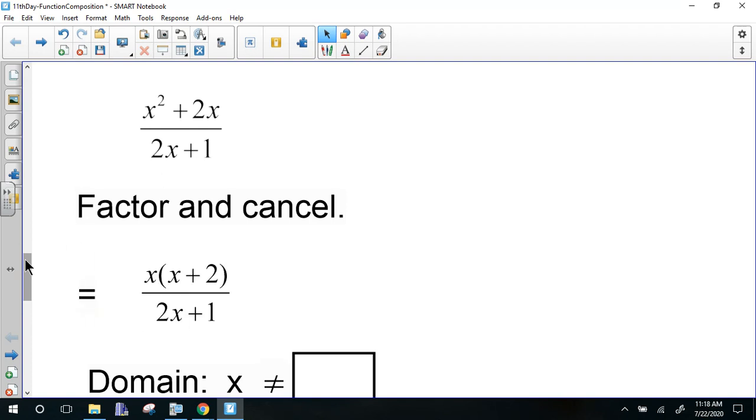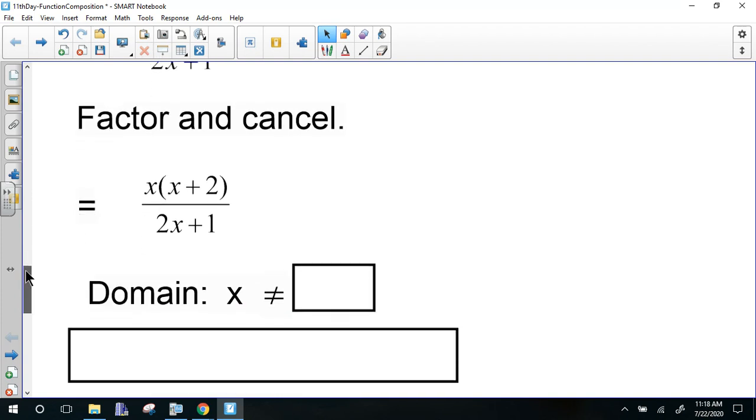Nothing cancels out. I want to write the domain. Remember the domain for a fraction, take the denominator, make it not equal to 0.